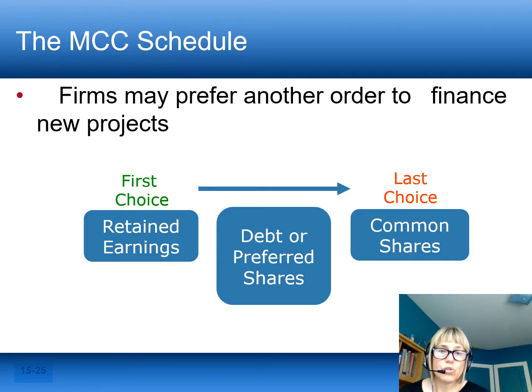So firms may prefer another order to finance new projects. This is what's interesting: companies aren't going out and simultaneously raising shares and raising debt at exactly the same time to expand their target capital structure.